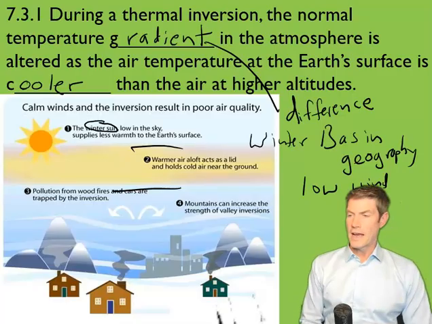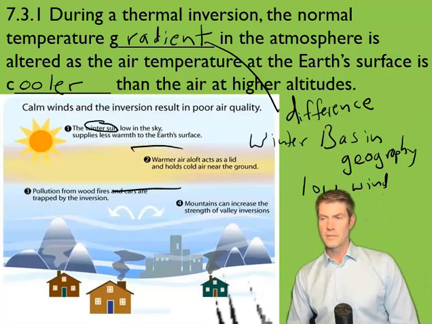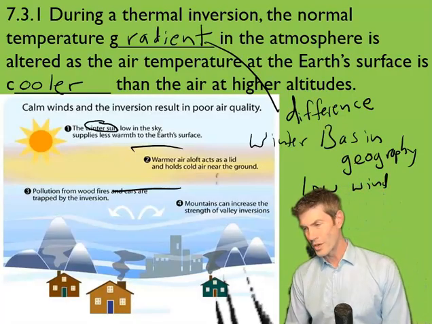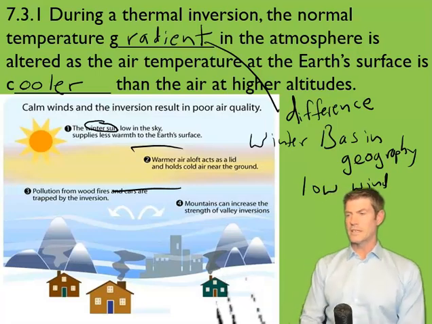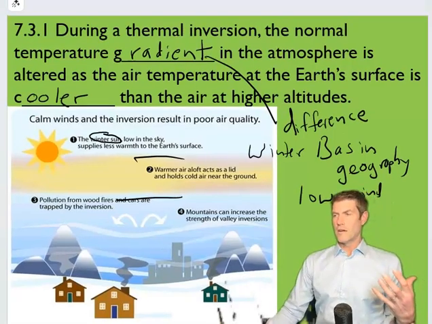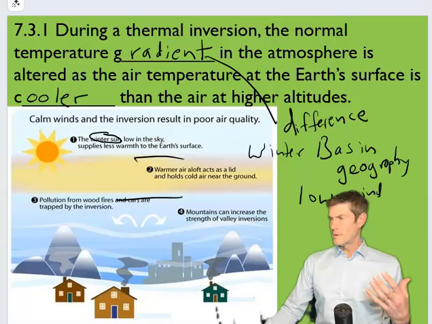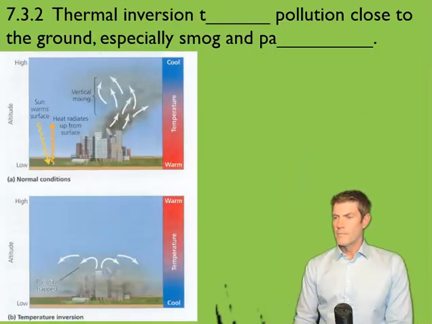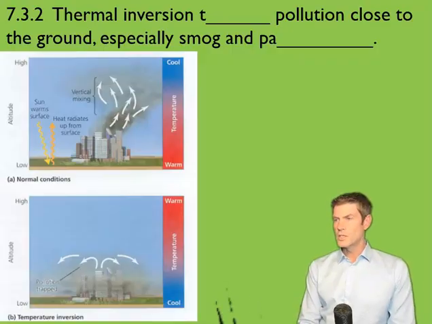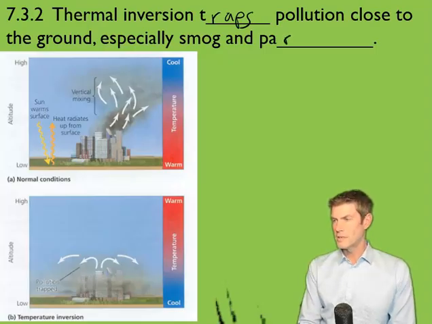So that warmer air acts like a lid, and oftentimes in the winter, people are burning wood especially in some places, and that is heavy in particulates, and it goes up, and the air just gets really bad. Where I grew up in Yakima, Washington, it's like that. So thermal inversion traps pollution close to the ground, especially smog and particulates.